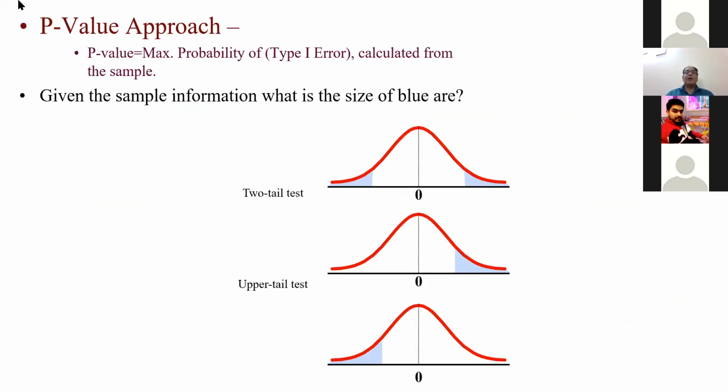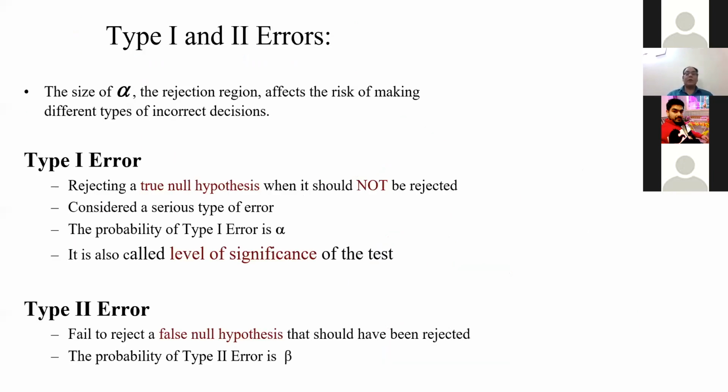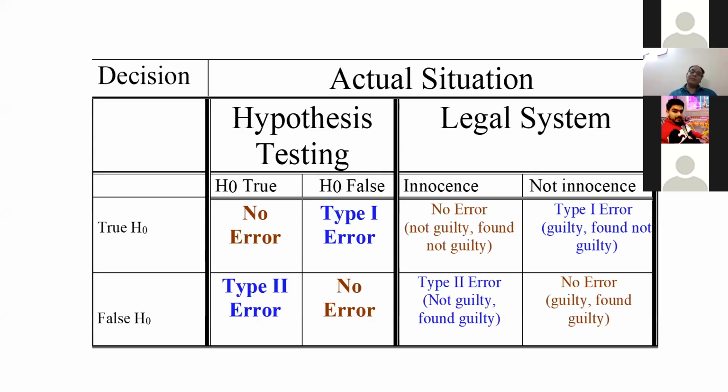Okay, so I already explained the p-value approach, so don't worry. And now I am going to explain the concept of type 1 error and type 2 error. So type 2 error and type 1 error I can explain with the help of this example.